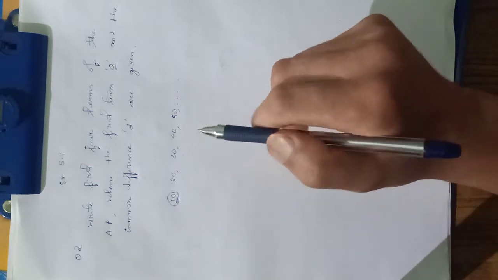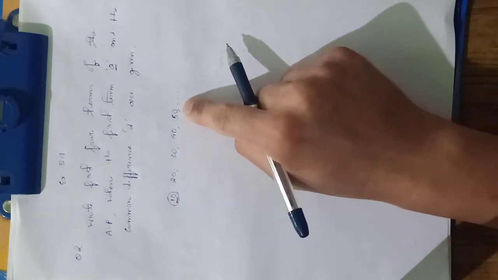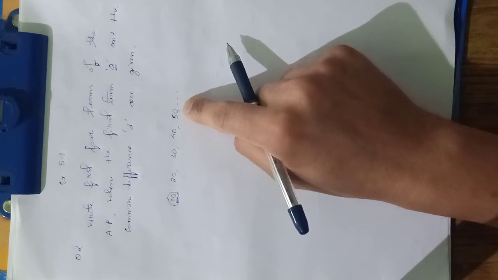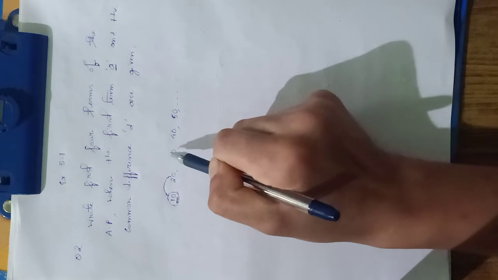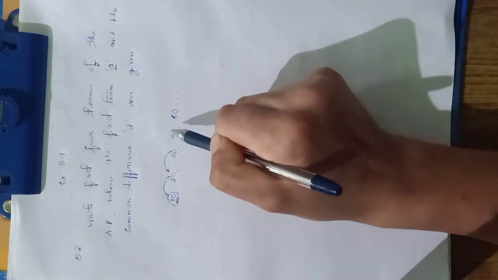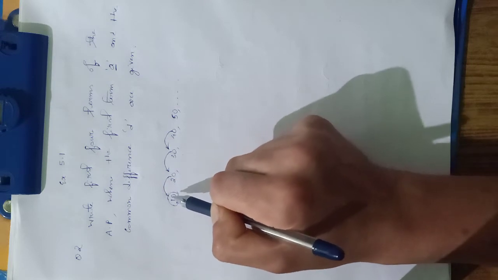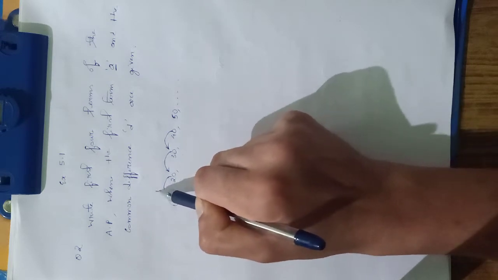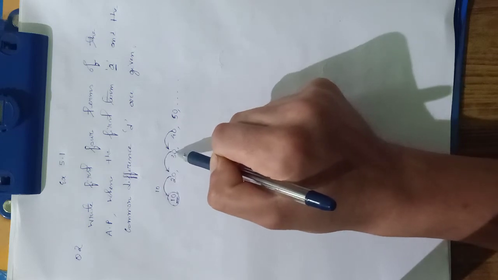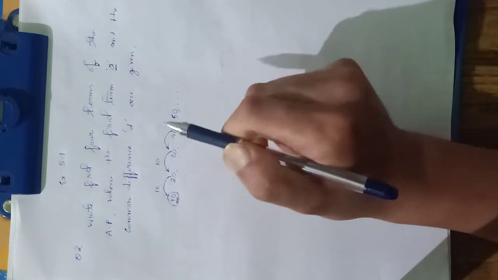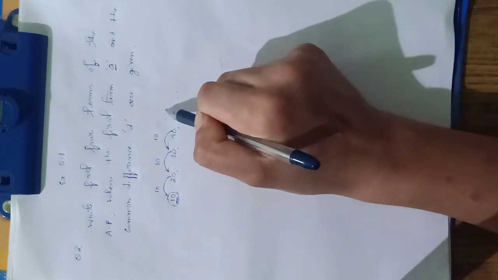Now in this case, this series of numbers is an arithmetic progression, so the difference between each of the consecutive terms is equal. The difference between 20 and 10, the second term and the first term, is 10. The difference between the third term and the second term is 10. The difference between the fourth term and the third term is 10, and so on.